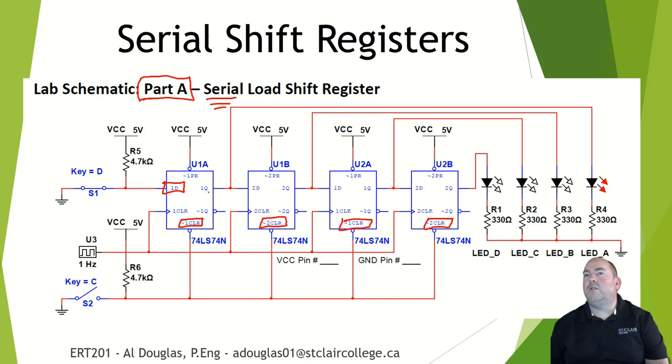Then everything is just Q connects to data, Q connects to data, Q connects to data. And all the clocks are tied together. Then what we should see is when we put a 1 over here, you'll see a 1 travel across here like that.